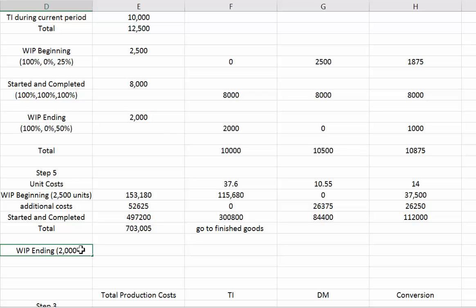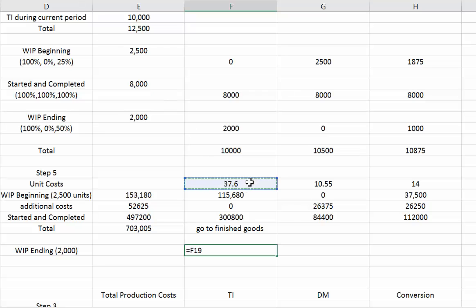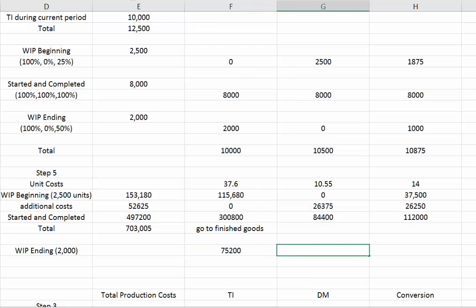So we have 2,000 left. The number of equivalent units, we have 2,000 for TI, 0 for DM, and 1,000 for conversion cost. So all we have to do is multiply once again each unit cost by the number of equivalent units for each category of cost. So we multiply 2,000 by this unit cost, and we multiply 0 by whatever number, which gives us 0.